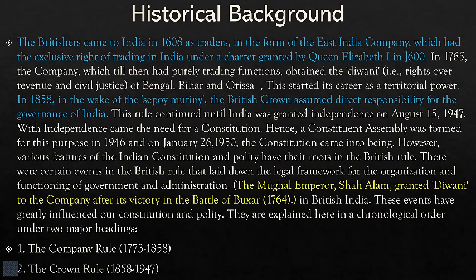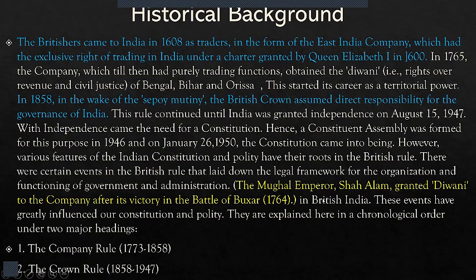Next, the Mughal Emperor Shah Alam granted Diwani to the company after its victory in the Battle of Buxar in 1764. In 1765, the company, which till then had purely trading functions, obtained the Diwani, that is, the rights of revenue and civil justice of Bengal, Bihar, and Odisha. Who granted them the Diwani rights?